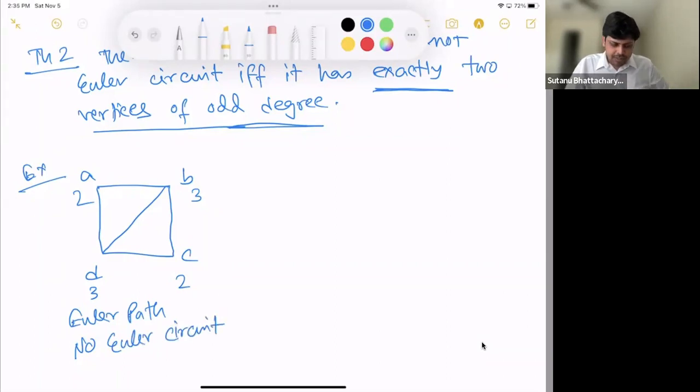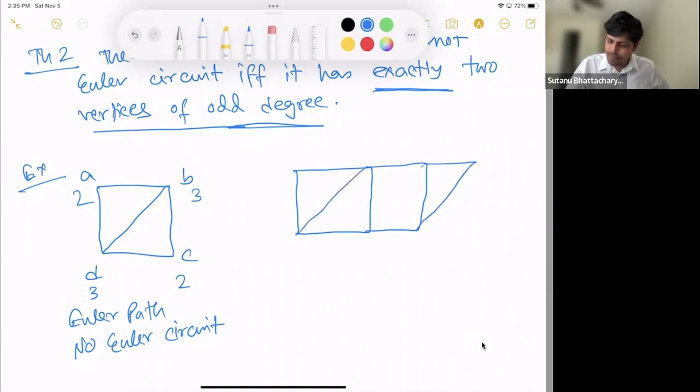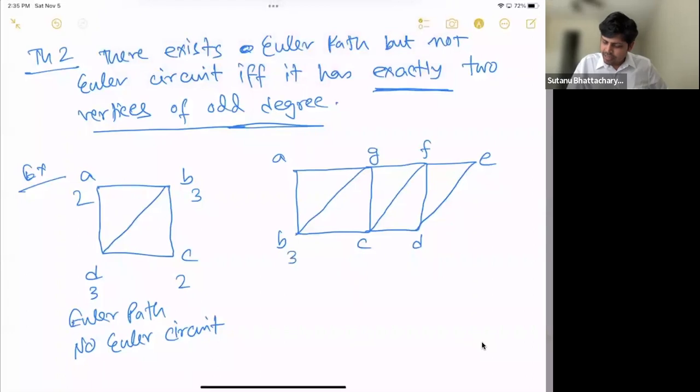And let's take another one. So the degree of B is 3, degree of C is 4, degree of D is 3, this one is 2, this one 4, this one 4, this one 2.